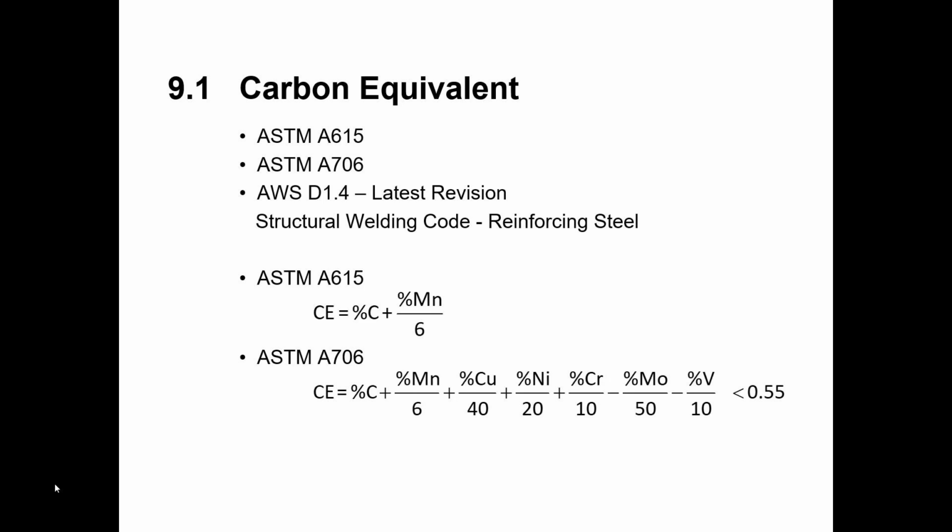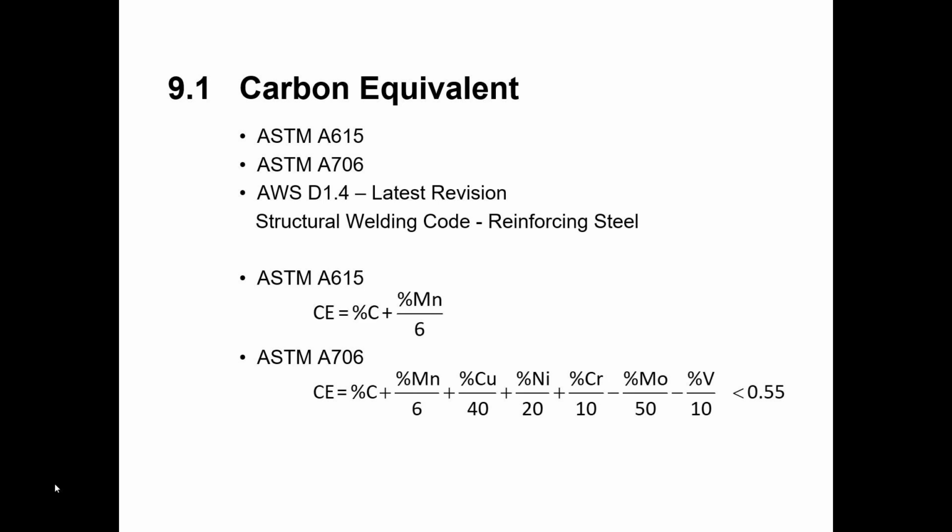There are two different main types of steel that you should be familiar with, and that you're probably using at your plants. Probably every plant is using at least A615 steel. That's just the regular, plain old grade 60 rebar.